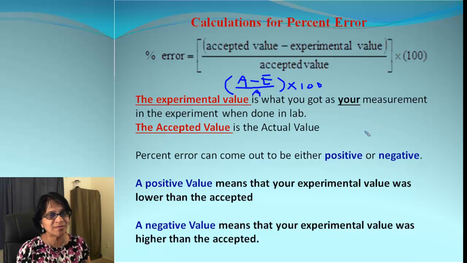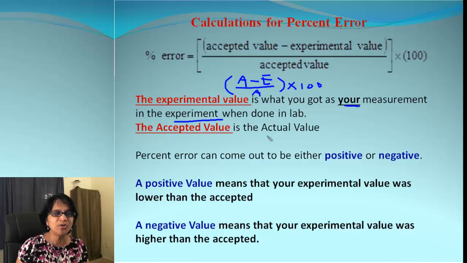Alright, what is experimental value again? That is the measurement which you obtain in performing the experiment in the lab. And what is the accepted value? It is the actual value which is reported in reference tables.